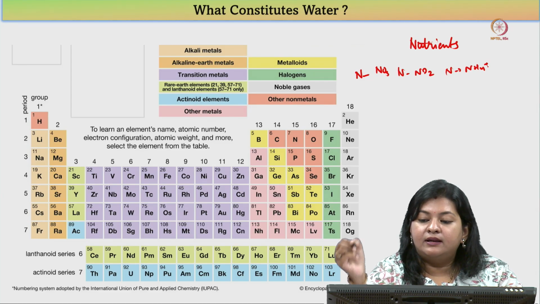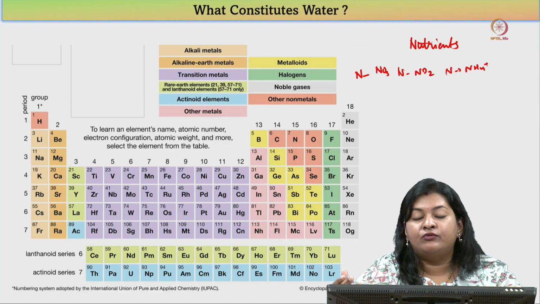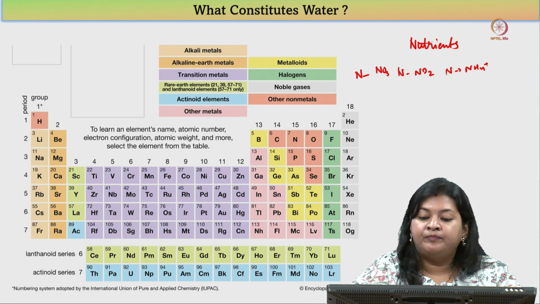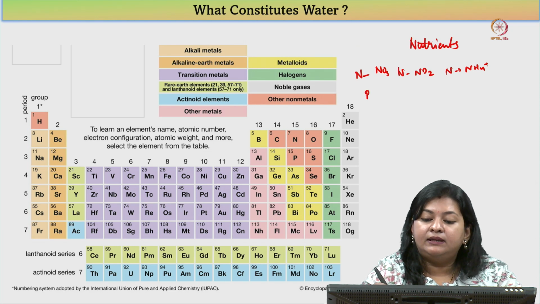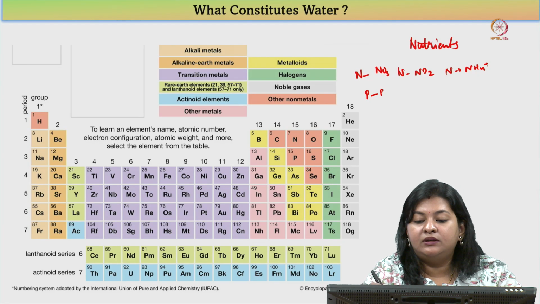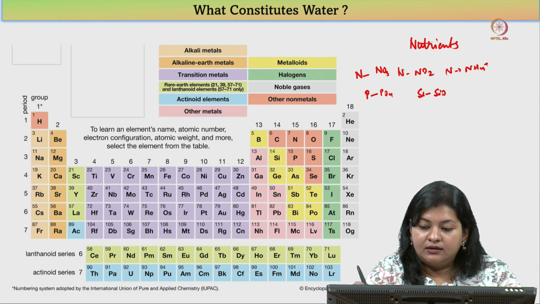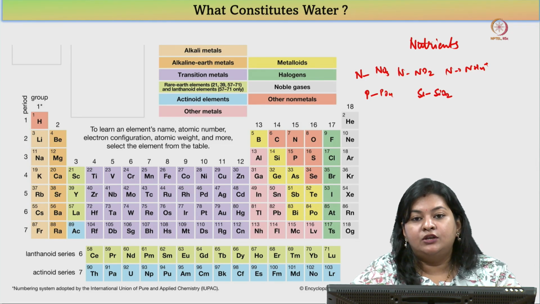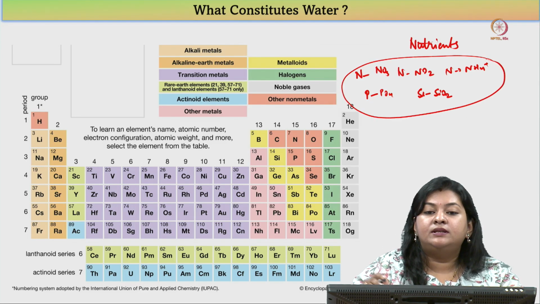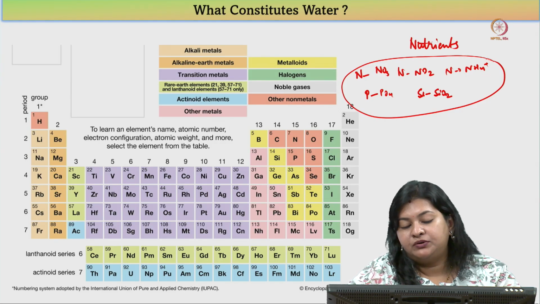So, whatever N is there in the different forms of nitrogen-related compounds in the water. Then P is phosphorus, that is there in the form of orthophosphate. So, P of PO4, and then you will have silica, the silica that is there in the dissolved state. So, Si of SiO2. So, these are the nutrients. Okay. So, these are the nutrients that we are going to measure in water.